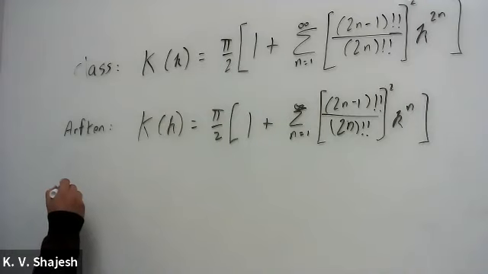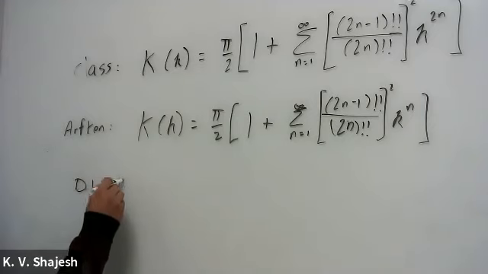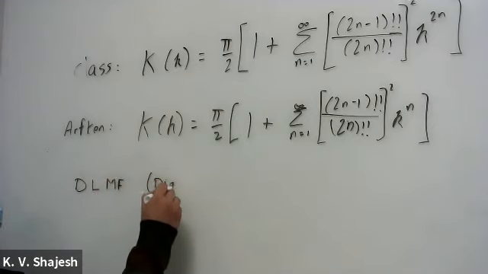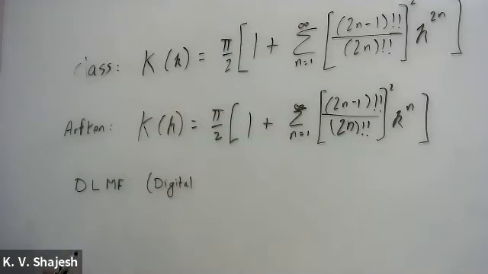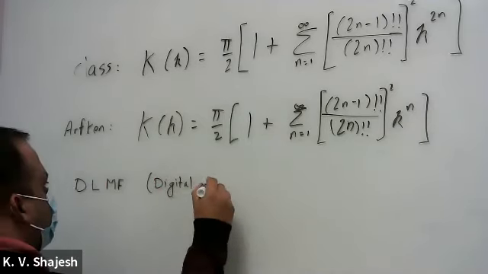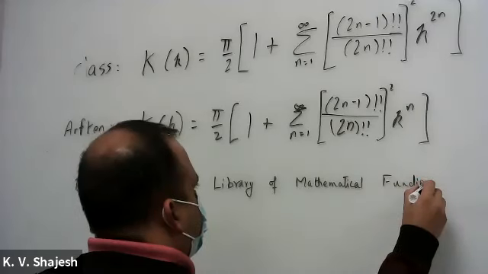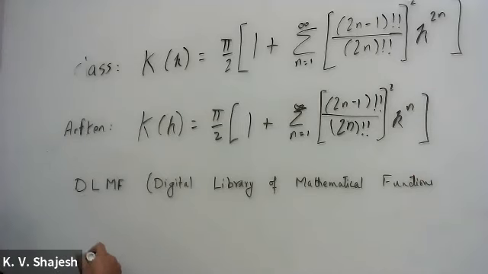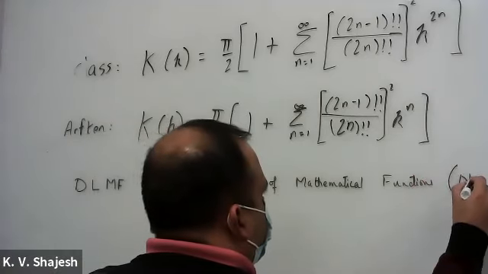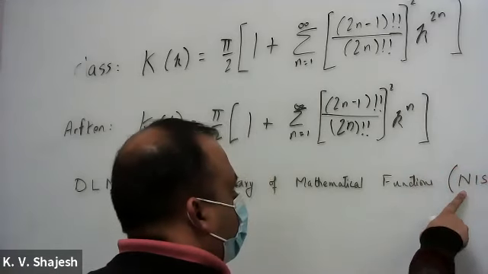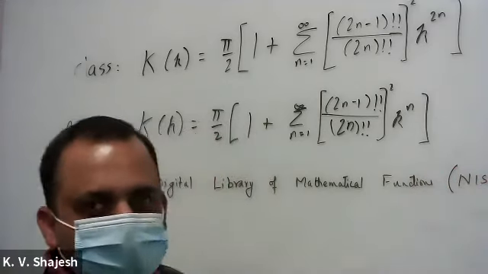So there is what is called DLMF, the Digital Library of Mathematical Functions. It used to be a huge book; these days it's digital. It is maintained by NIST, the National Institute of, what does ST stand for?